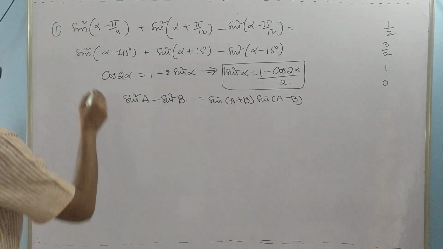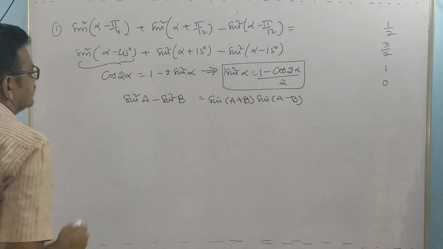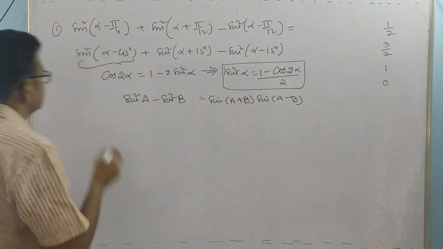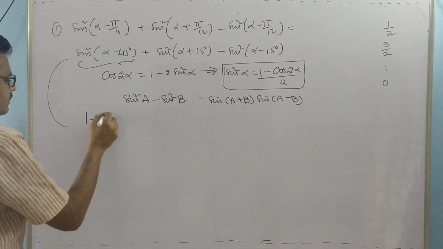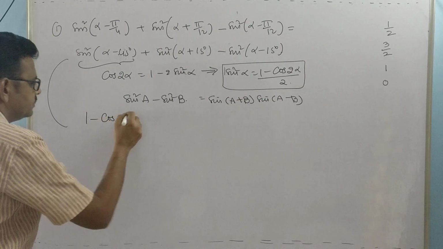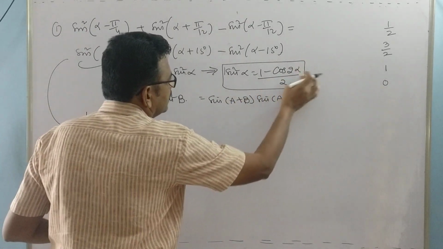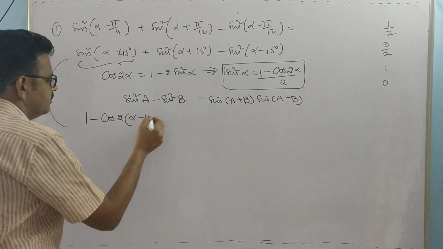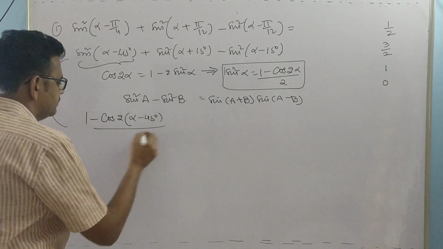So for the first part, this is sin square alpha. You write (1 minus cos 2 into (alpha minus 45 degrees)) by 2.